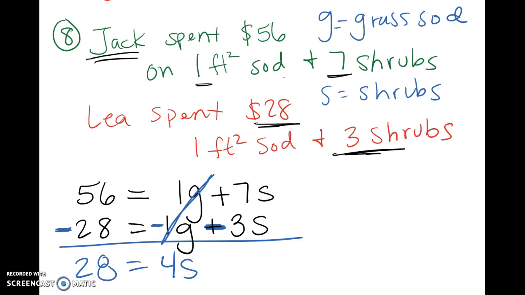So good. If I divide both sides by 4 to solve for the shrubs, I'm going to get S equals 7. So what are we talking about? Dollars. So I should have been a little bit more specific here when we defined S. I should have said cost of shrubs, right? So S right here is $7.